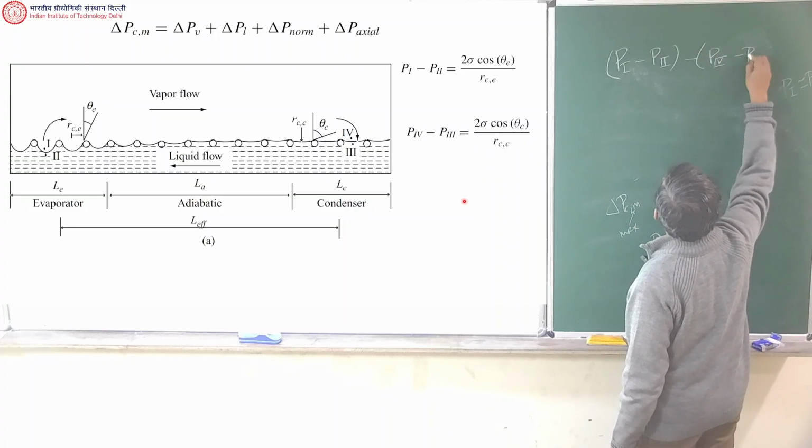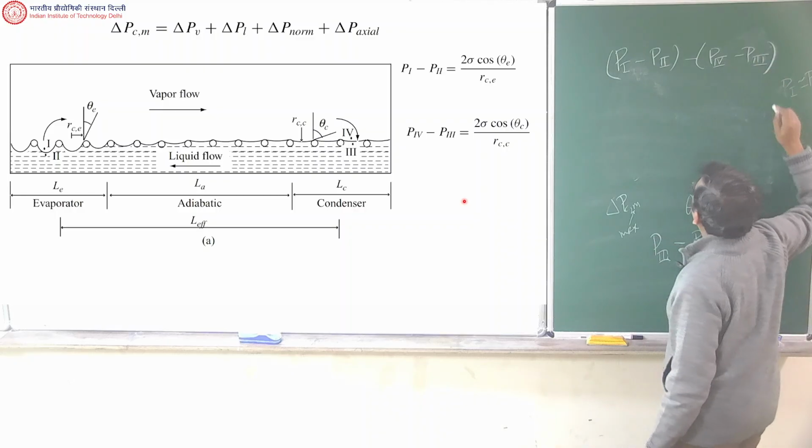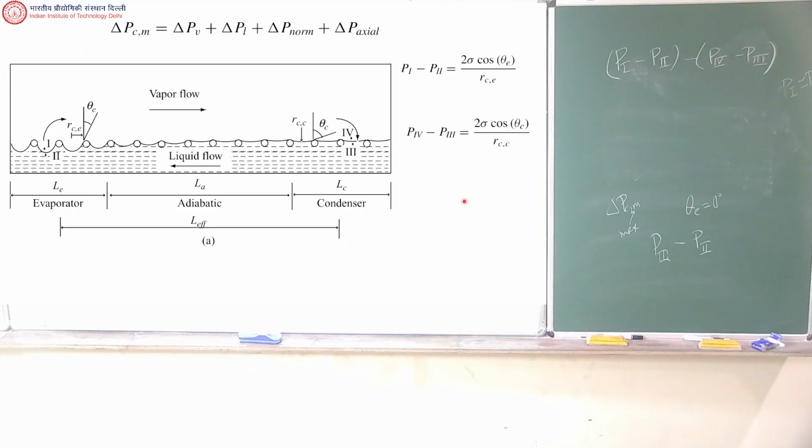Will this work? Yeah, because you're making this assumption. So this will give you P3 minus P2, which we are interested in. We want to see what is the maximum value of this thing, P3 minus P2, that we can generate, right?